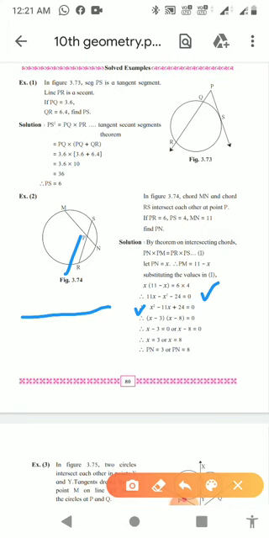And we can easily factorize this. If we see minus 3 into minus 8, isn't it? The product of these two numbers is plus 24, and if you add minus 3 and minus 8, I will get minus 11. So I can write this equation in the form of roots as X minus 3 into X minus 8 equal to 0.